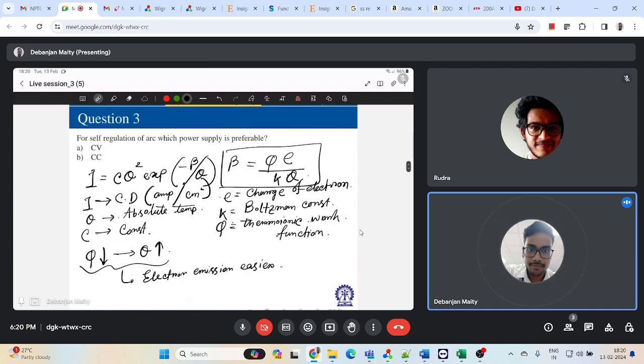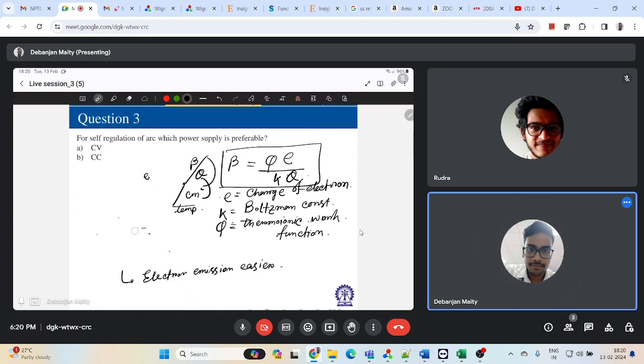So after this thermionic emission, you have a process called ionization. Now what happens during ionization?